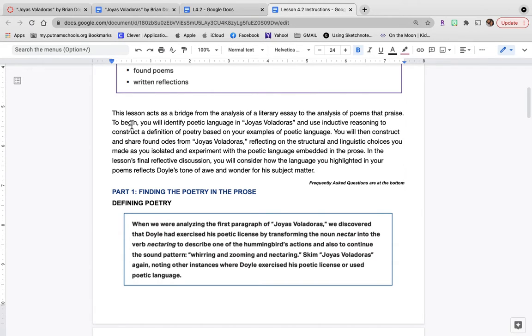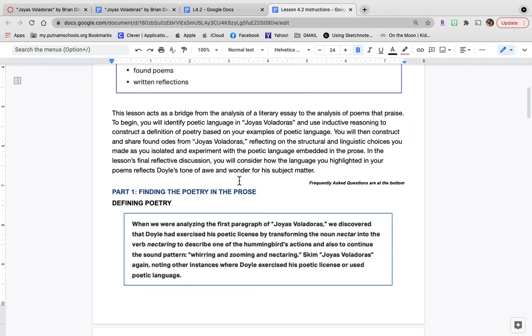So to begin, we're going to identify poetic language in Joyous Veladorus and use inductive reasoning to construct a definition of poetry based on your examples of poetic language. Then you'll construct and share found odes from Joyous Veladorus, reflecting on the structural and linguistic choices you made as you isolated and experimented with the poetic language embedded in the prose.